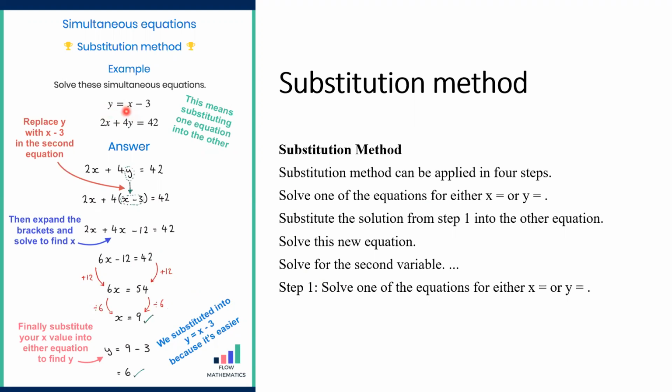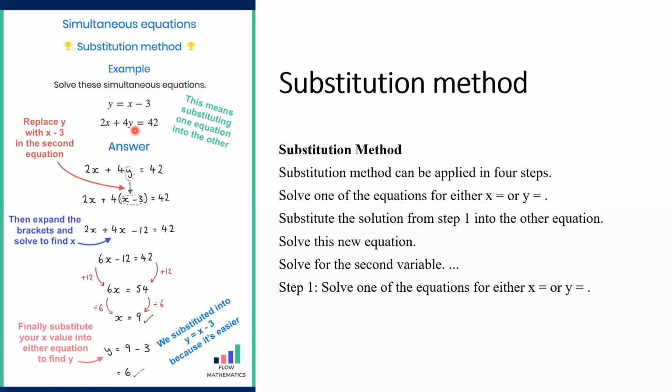But as you can see here, I know what y is in terms of x. y is x minus 3. So this means in this equation, when I see y, I'm not going to write y. I'm going to say x minus 3. Why? Because if I say y, that doesn't help me. x and y, I have two different variables, so I cannot solve this equation.